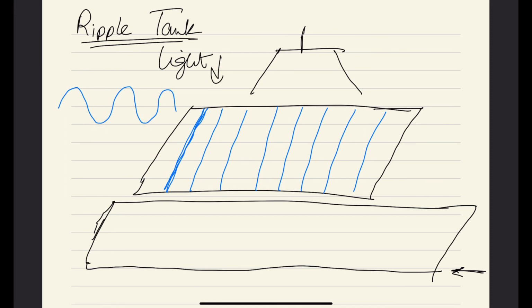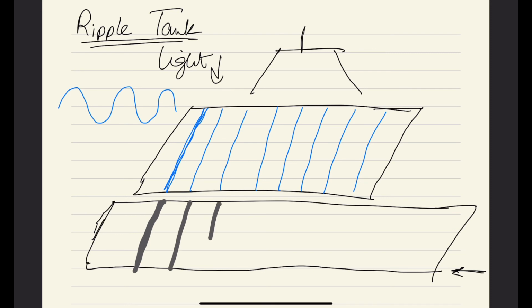All right, now when the light turns on, it falls on these water waves, and wherever there are wave fronts, we will see some dark regions over there. So we will see some shaded regions. Let me just draw them over here.